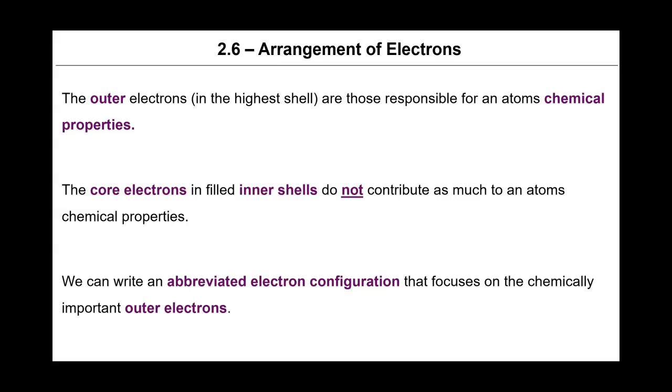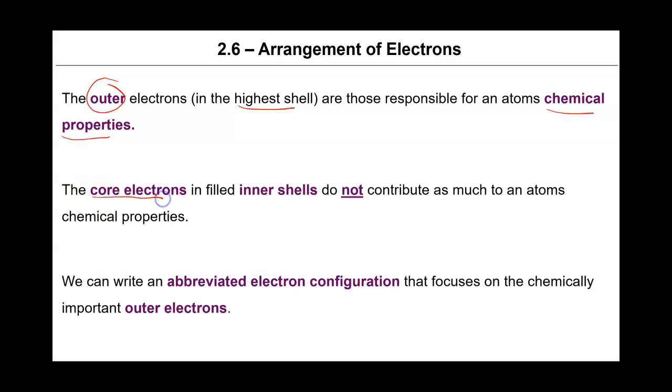So thinking about that, we should recognize that it is the outer electrons, those that are in the highest shell, that give an atom its chemical properties, because when two atoms come together, they're going to interact with one another by their outermost electrons.